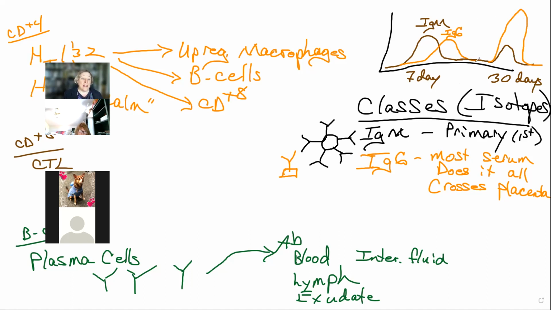And I would see it showing up at the same time that I'm seeing this bump of IgM, because an awful lot of these memory cells have class switched to making IgG. So we can tell if you've had a primary exposure to an antigen or a secondary exposure to an antigen. And secondary exposure, that's everything after the first exposure.